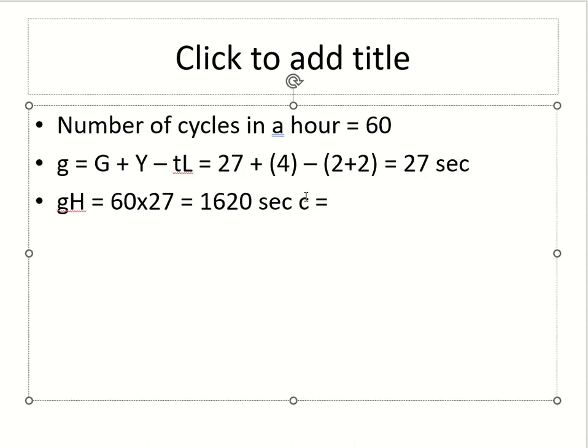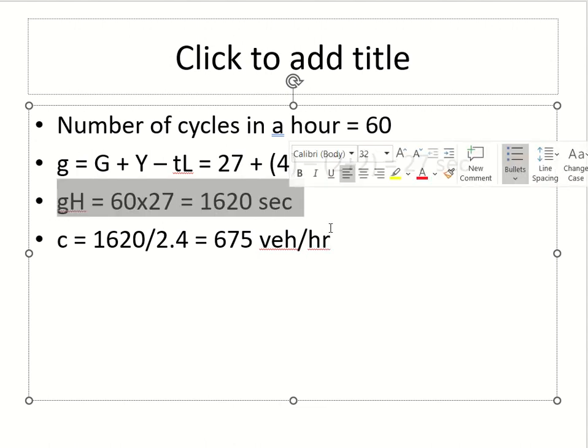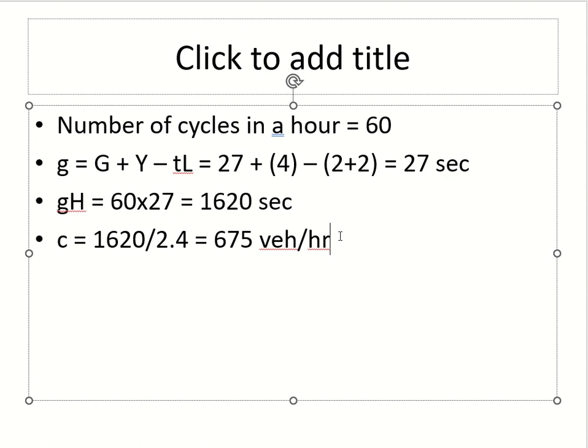This is what we will call the capacity. How much? 675 vehicles per hour. I knew the saturation headway, so I calculated the time in which saturation headway is applicable. Okay, so this is one method of doing it.